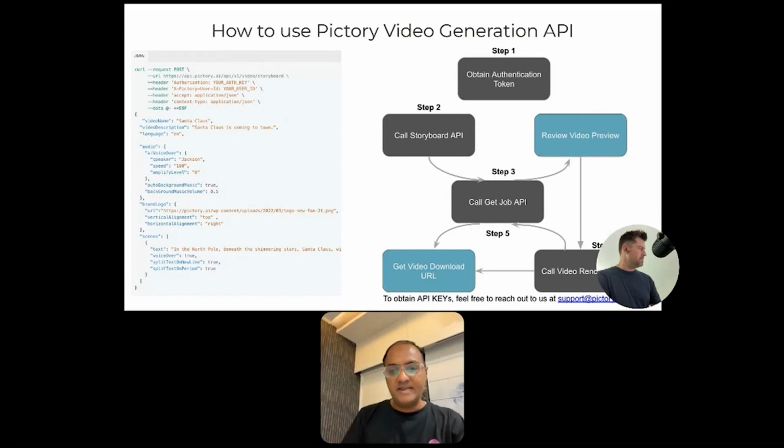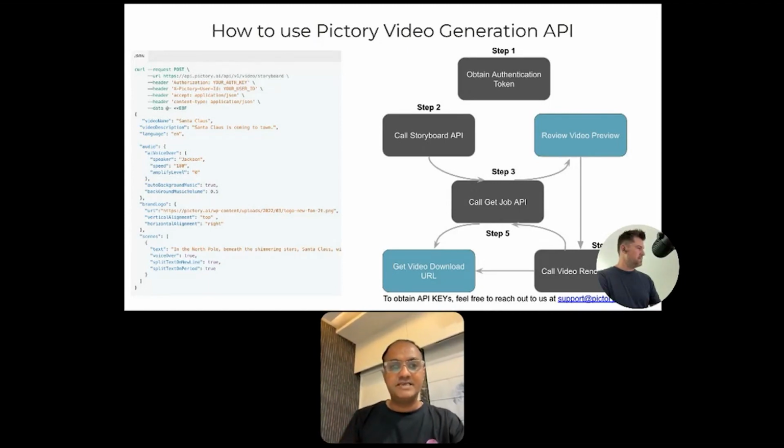So our main API is the storyboard API, which can be used for all the use cases shown in previous slides, right? Whether it be text to video, video summarization, or podcast to video, this is the one master API which actually starts the video generation in the backend.